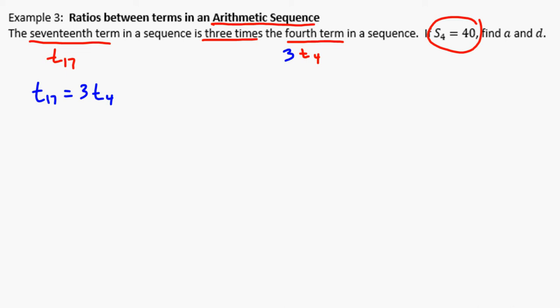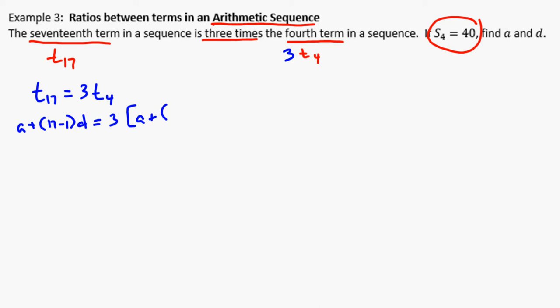All right, well, let's write this out. This is the general term, but I can write it like this. A plus 17 minus 1 D is equal to 3 bracket A plus 3 minus, sorry, my fault. Let's fix this up.